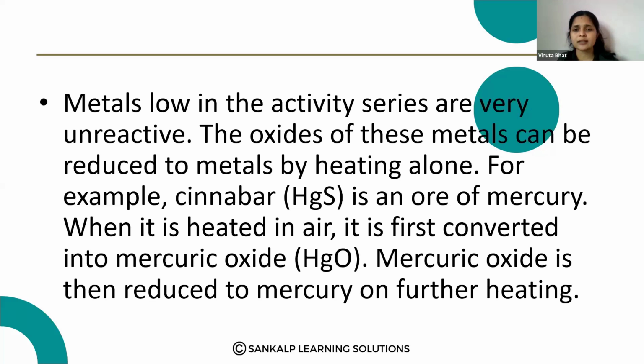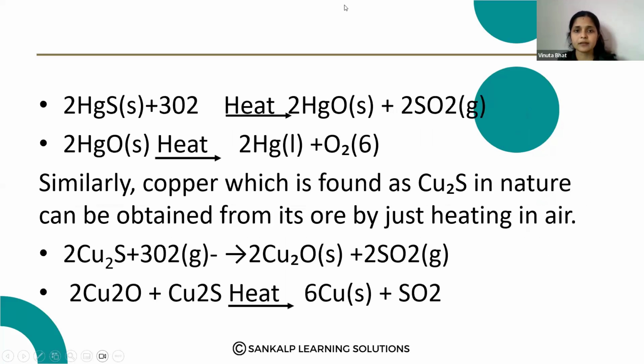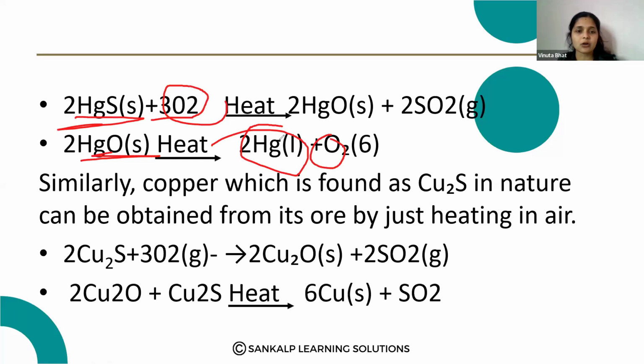When mercuric sulfide reacts with oxygen and is heated, it forms mercuric oxide and sulfur dioxide. When the mercuric oxide is heated, it forms mercury and oxygen.